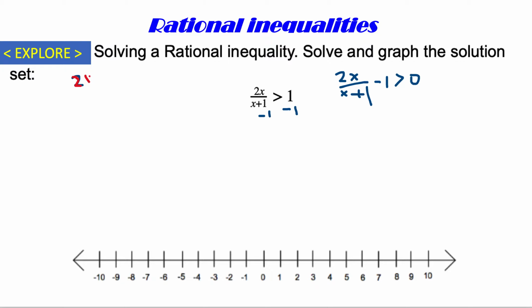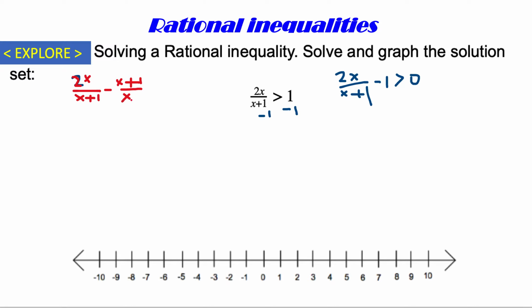So let me write 2x over x plus 1, and instead of minus 1 I'm going to write x plus 1 divided by x plus 1, because I want to make the denominator the same.